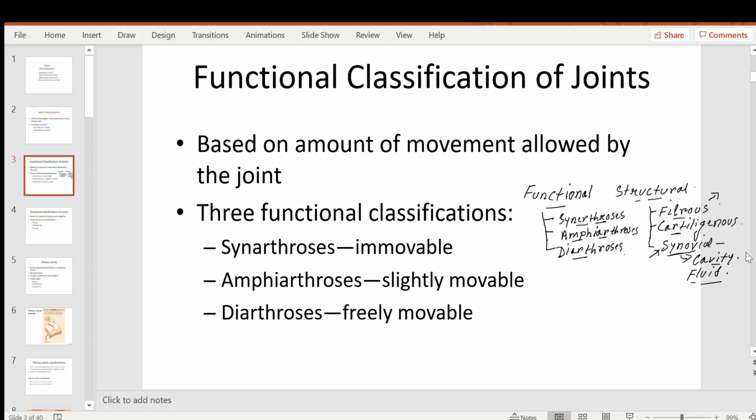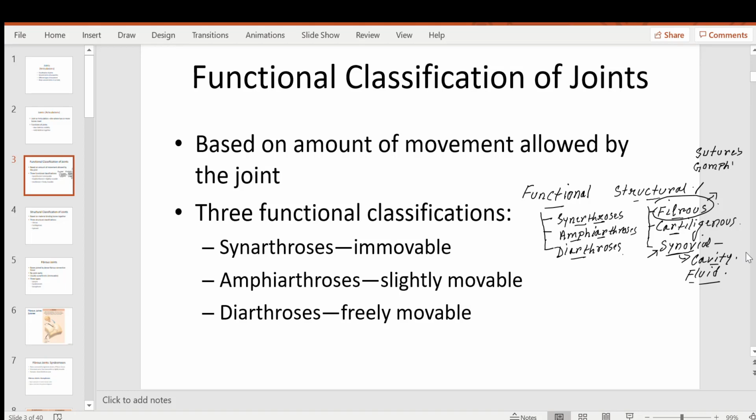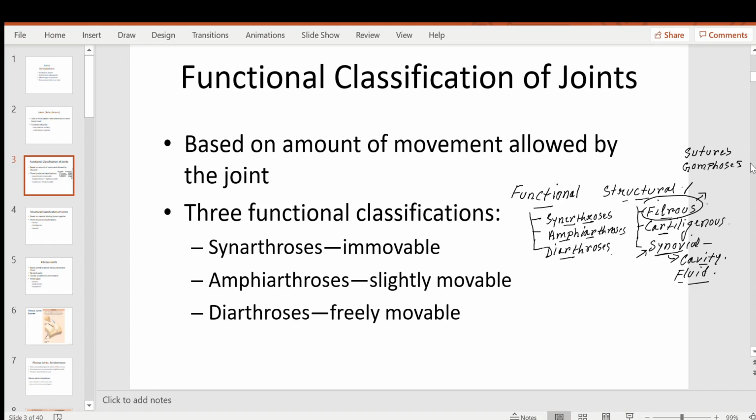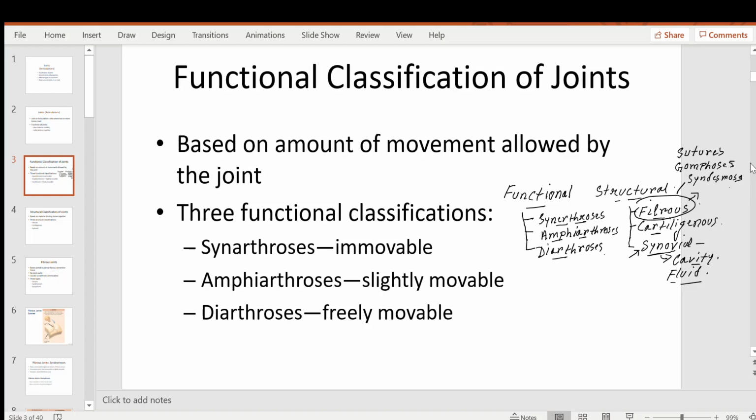Now, fibrous joints: there are three types: sutures or sutural, gomphosis, and syndesmosis. Okay, so those are three types of fibrous joints: sutures, gomphosis, and syndesmosis. We'll talk about those three soon.